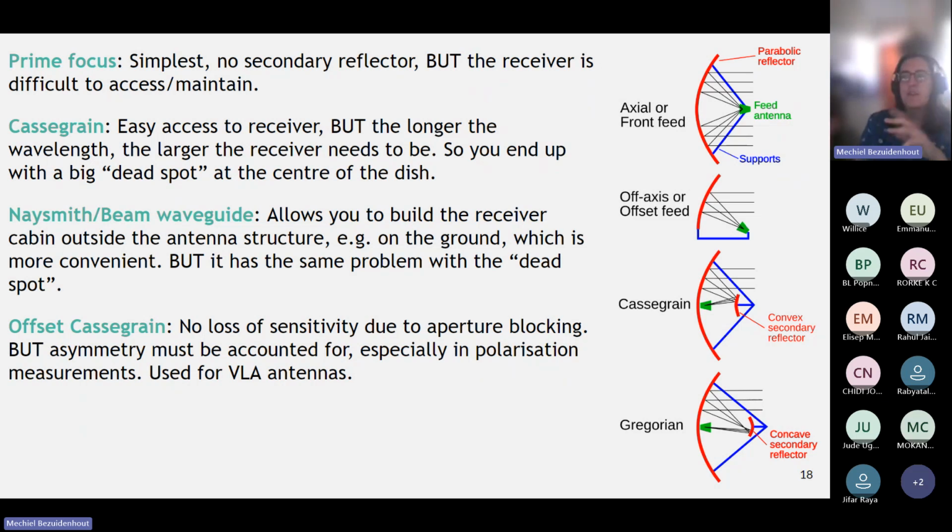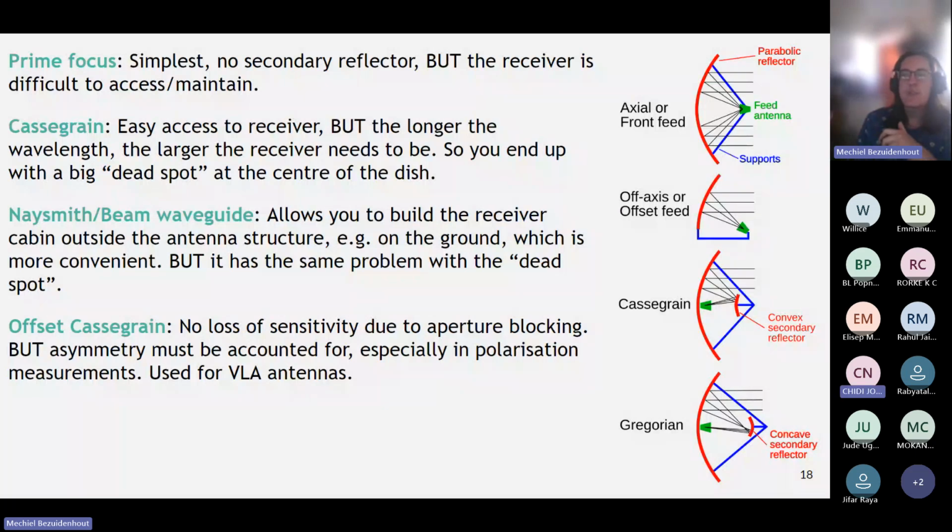So the Cassegrain uses the secondary reflector, but the longer the wavelength, the larger the reflector needs to be, right? Because you need to reflect the whole wave. At very low wavelengths, you end up with this big dead spot at the center of the dish where the receiver blocks the radiation.